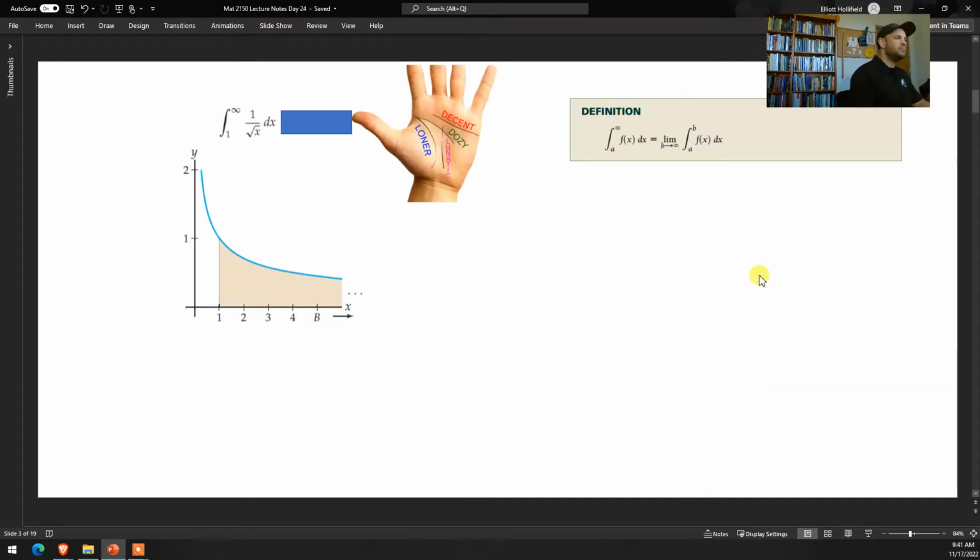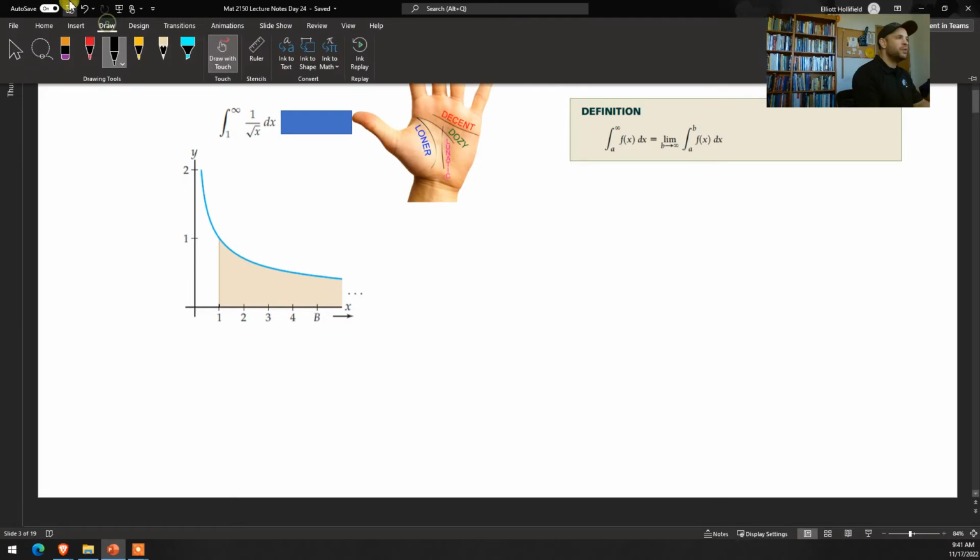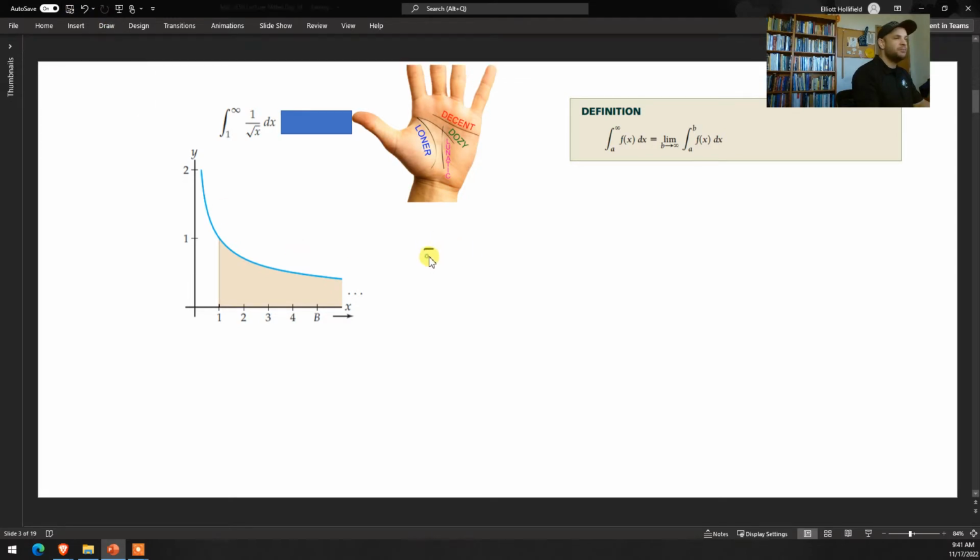For our first example here, we have 1 over the square root of x. Our first step will be to follow our definition and rewrite our integral with the upper bound of integration equal to some letter and then compute the limit. So we'll say this is the limit as b goes to infinity of the integral from 1 to b of the function.